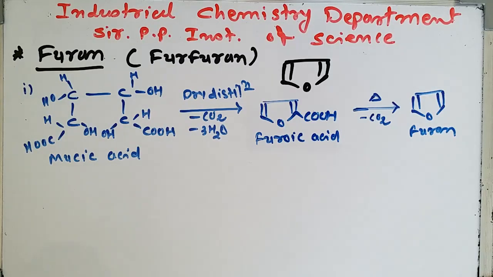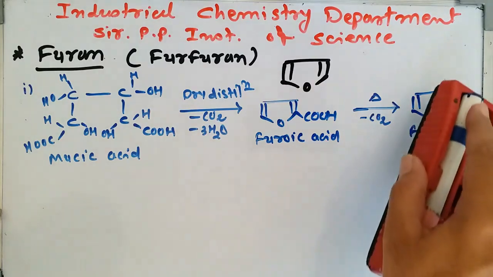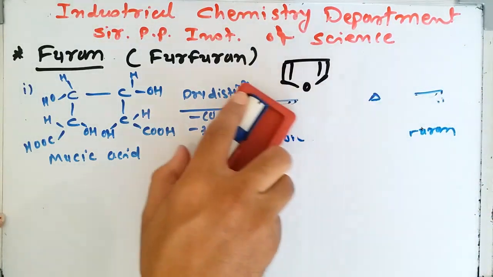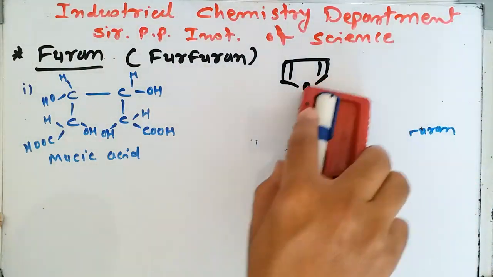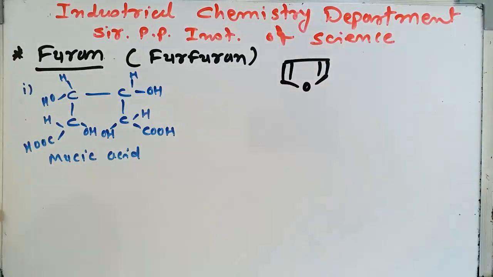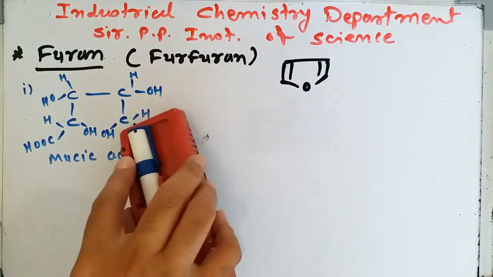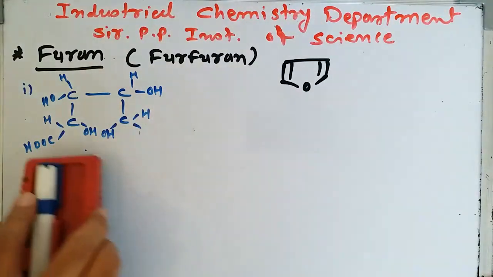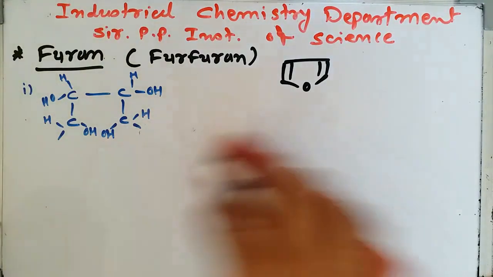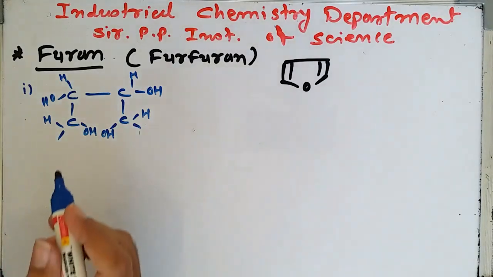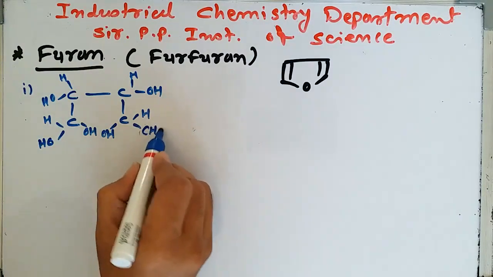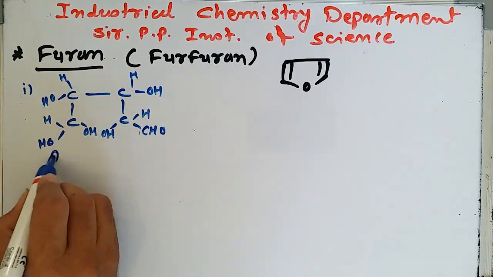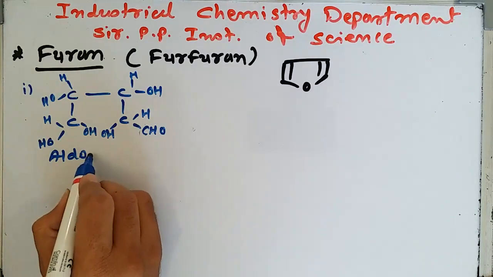have only some difference. I write down this reaction here because mucic acid contains COOH groups, but aldopentose contains hydroxy groups and an aldehyde group. It is known as aldopentose.